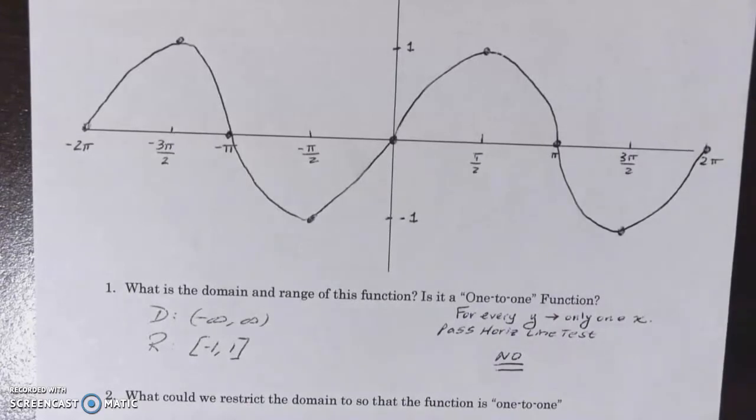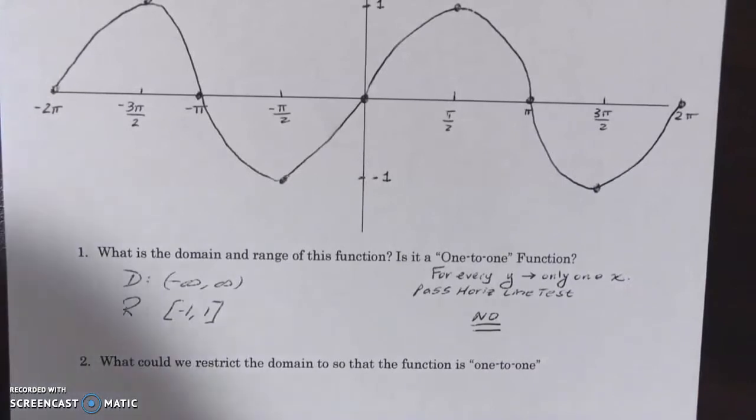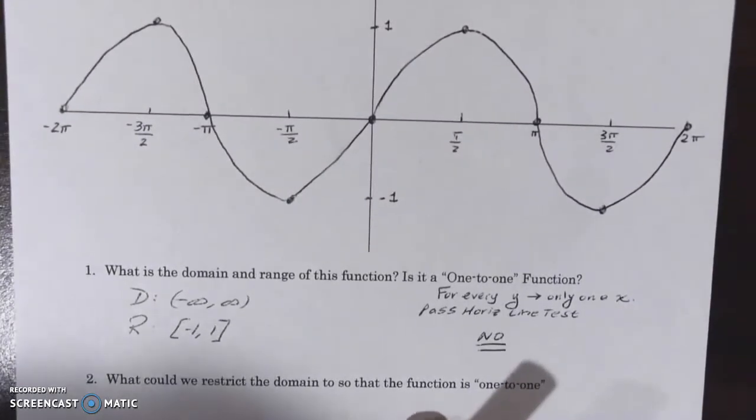All right, that's important. Okay, we'll get to the fourth question here, why do functions have to be 1-to-1 to work with inverses? But here's the question: what could we restrict the domain to so that the function is 1-to-1?